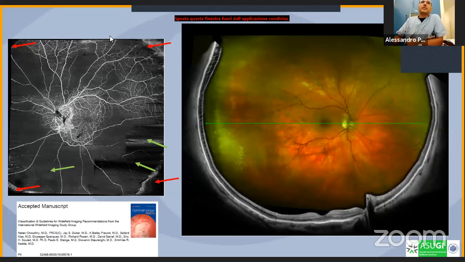In this case, in a patient that underwent first fluorangiography, afterwards we can plan a scan with angio-OCT only in the area that we want to study, and we can see how the neovascularization disappears with the follow-up without the need to repeat the fluorangiography.